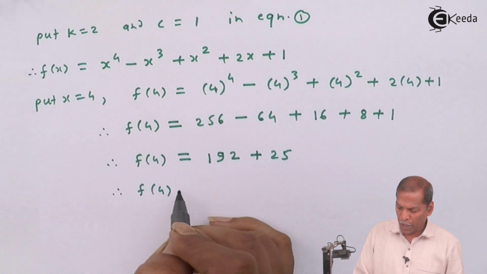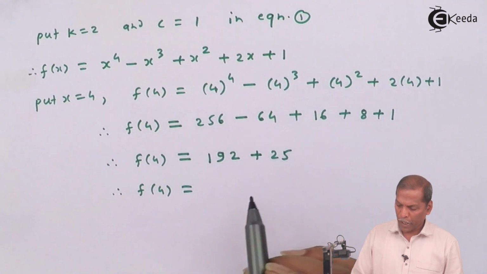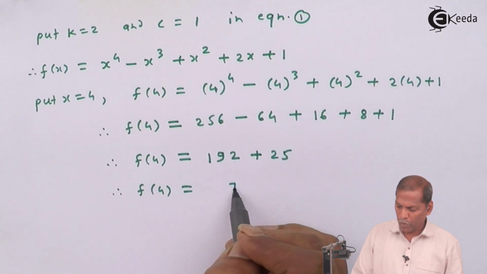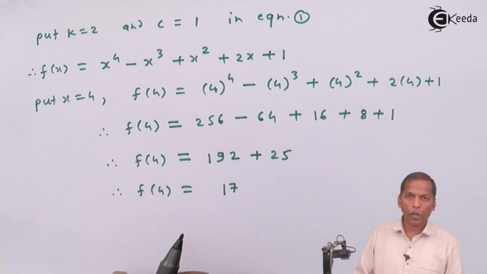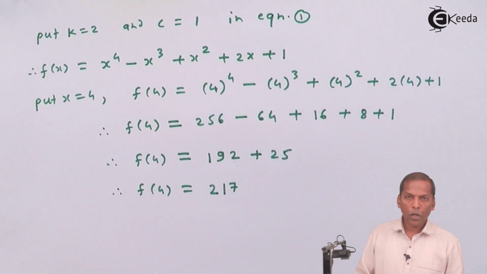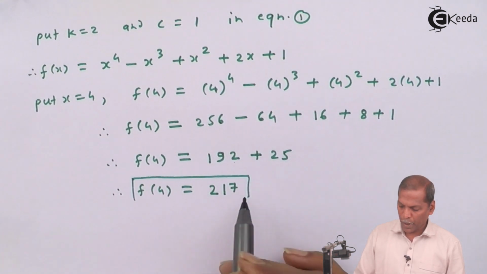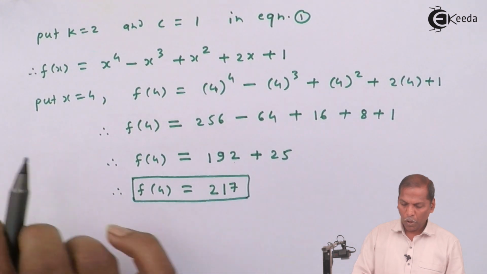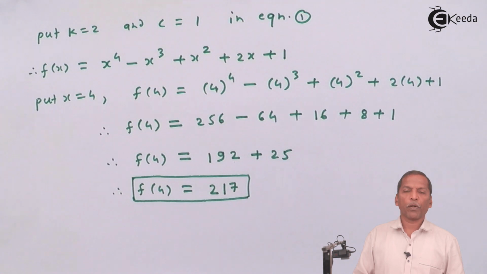Therefore, finally, f of 4 is equal to, now 192 plus 25, that is 2 plus 5 is equal to 7, 9 plus 2 is equal to 11, carry 1 and 1 plus 1 equal to 2. So, in this way, we get f of 4 is equal to 217. So this is the required solution for the given problem. Thank you.